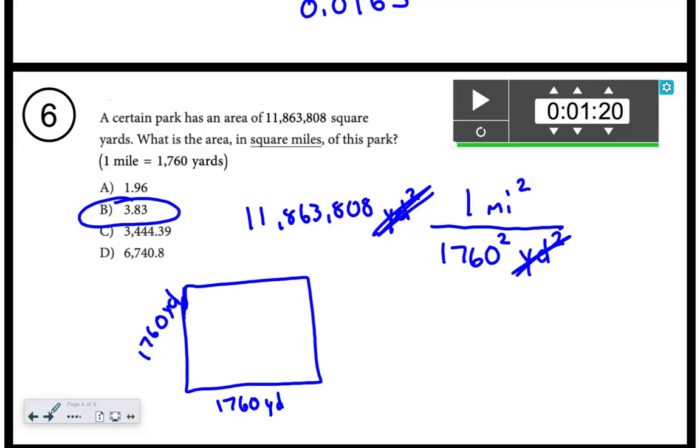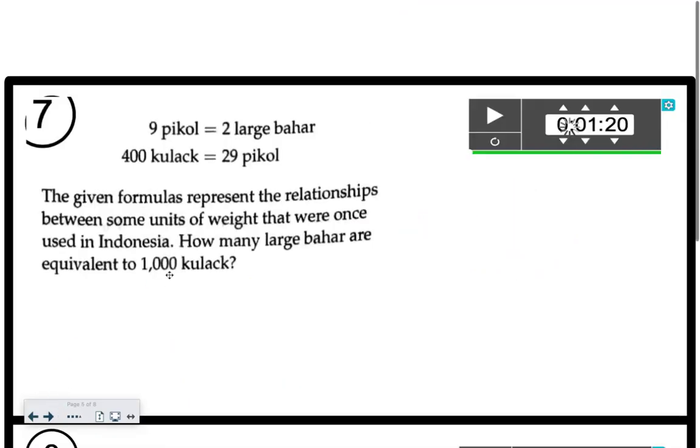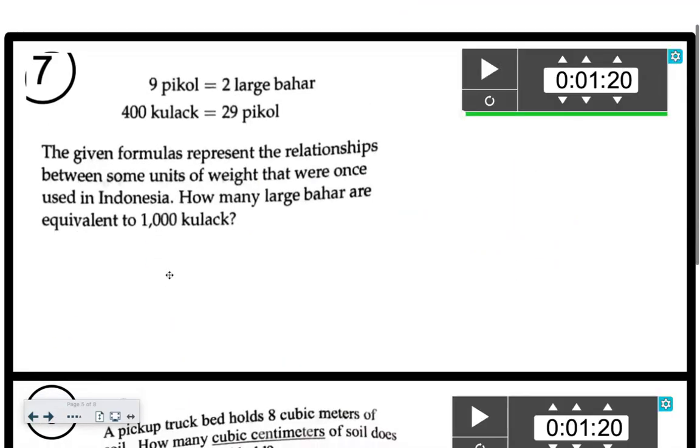This is another reason why I like to use conversion factors when they give us units that we would not be familiar with. They're old units used in Indonesia, so I am not familiar with those. But I can just look at it like this. I kind of let the conversion factor do the math for me, the idea of dimensional analysis.